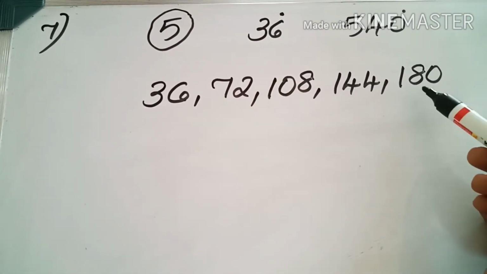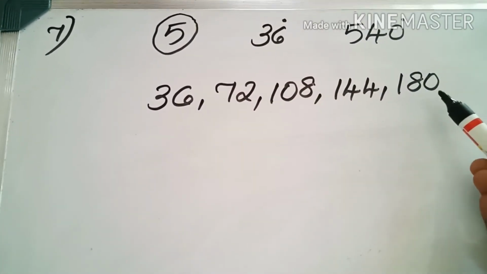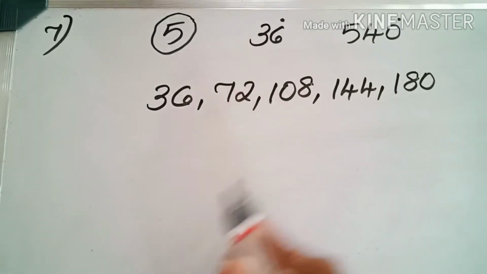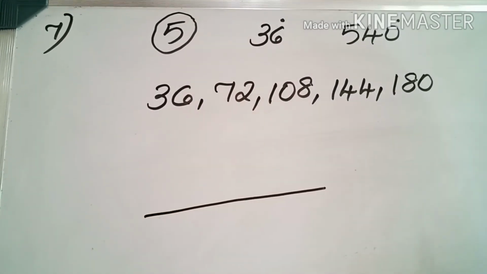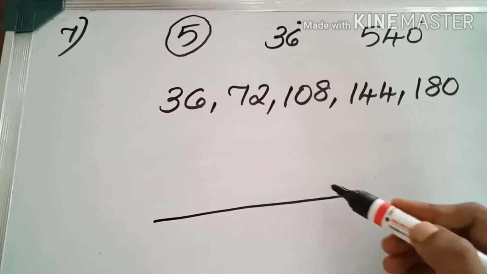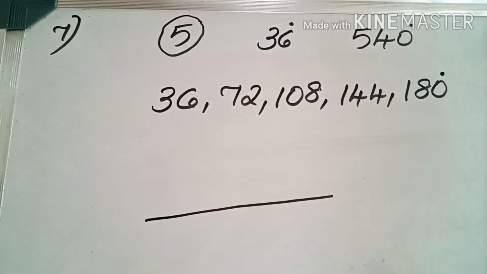Now check the highest angle. If the smallest angle is 36 degrees, we get the highest angle as 180 degrees. Is it possible? 180 degrees means it will be just a straight line, so it is not possible in a pentagon.